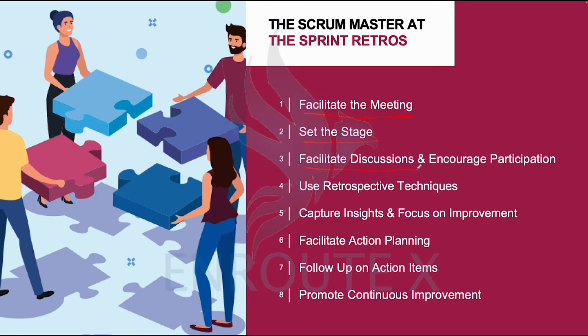Then, from those suggestions, they have a conversation around it and now begin to action what could be delivered, the improvement they could bring into the sprints. So that's how a Scrum retrospective should go. So it's an affair of the Scrum Master.